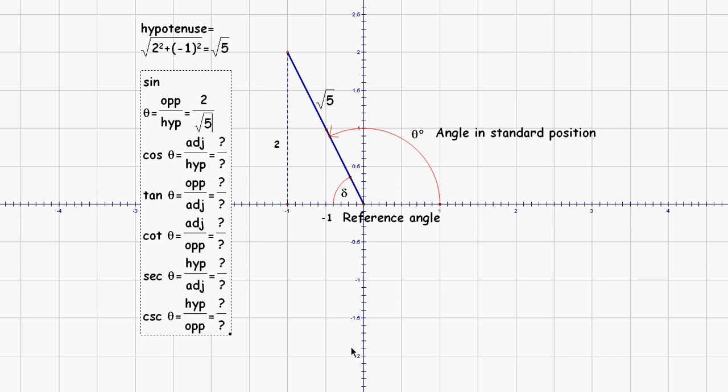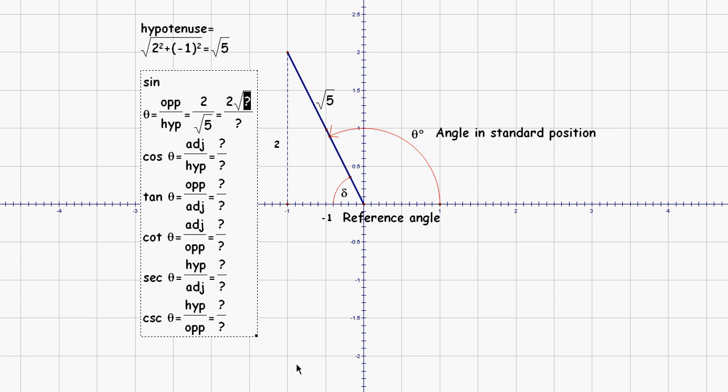But because we cannot leave the square root in the denominator, we're going to multiply both top and bottom by the square root of 5, and we wind up getting 2 square root of 5 over 5.